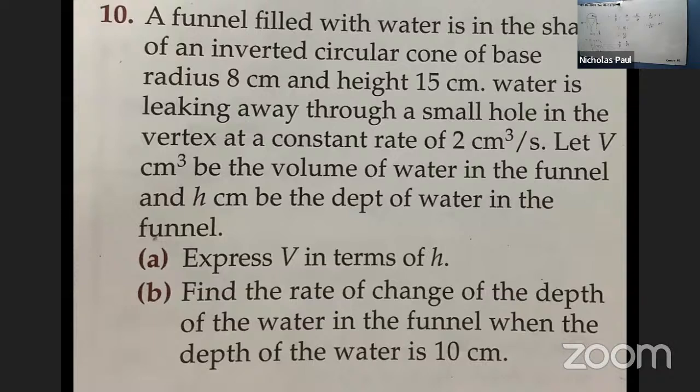A funnel filled with water is in the shape of an inverted circular cone of base radius 8, height 15. Water is leaking away through a small hole in the vertex. So let V be the volume in the funnel at H, the depth of the water in the funnel.